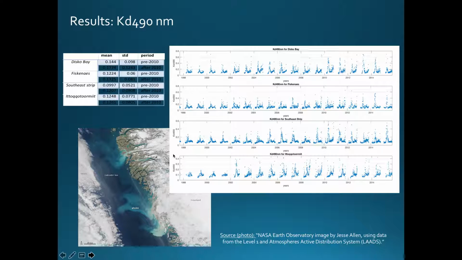So the meltwater comes from these outlet glaciers or these tidewater glaciers. Tidewater glaciers are connected to the tide, so they are connected to the sea, and they transport these organic and inorganic particles to the sea, and this you can see through this coefficient of absorption at 490 nanometers.